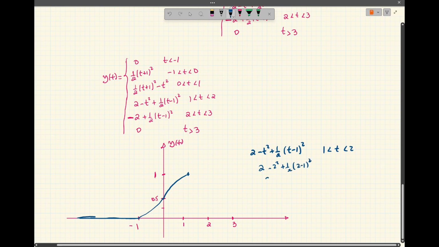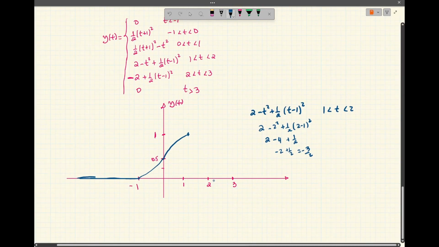So that is 2 minus 4 plus half. So it's -2 plus half, which is -3 half.